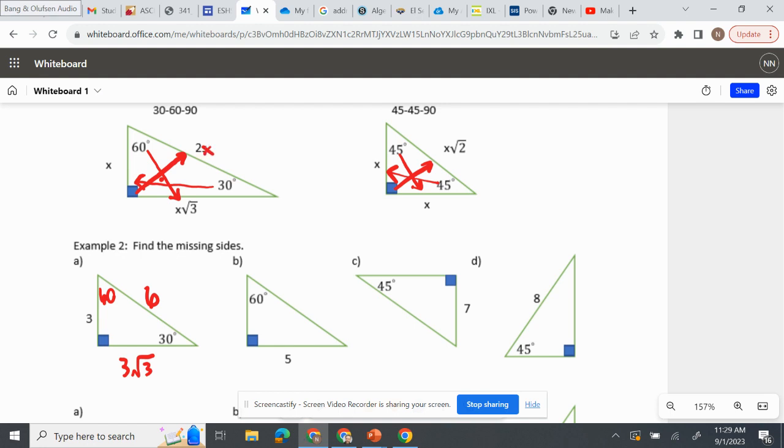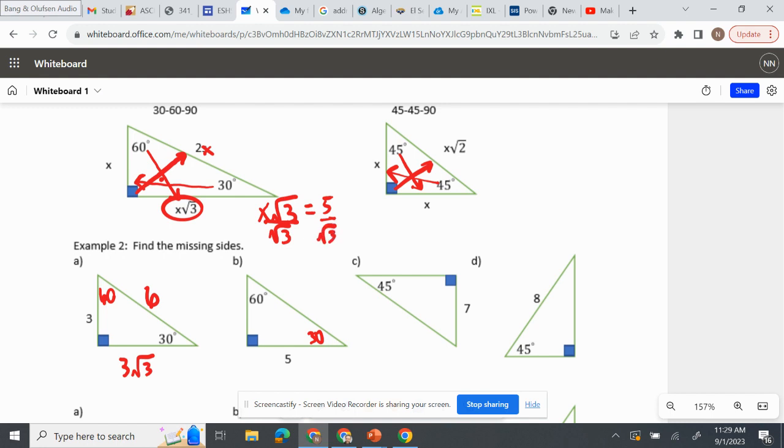So then if our 60-degree side is 5, in order to figure out our 30-degree side, we have to notice that the 60-degree side is x rad 3. We're solving x rad 3 is equal to 5. I divide by the square root of 3.